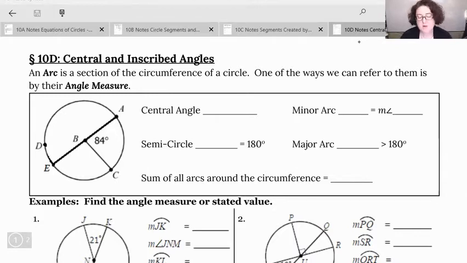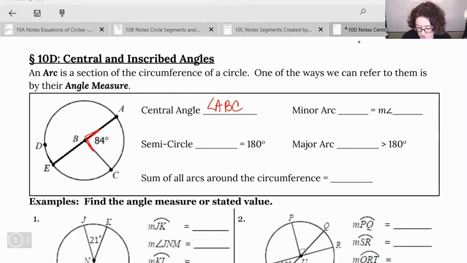So a central angle is an angle where its vertex is at the center. One example would be angle ABC. Here the center of that angle is right at the center of the circle.